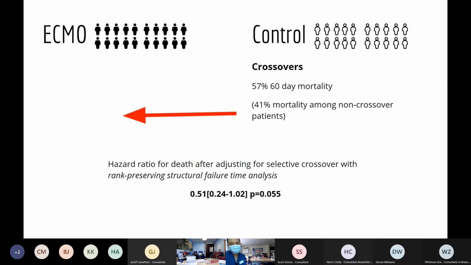Therefore, it didn't take into account crossovers, but they tried to take into account crossover, in terms of how it disadvantages the data in the ECMO group, by applying something called a rank-preserving structural failure time analysis. And they said that the adjusted hazard ratio is 0.51, but again, the p-value was 0.055, which is non-statistically significant, depending how you view p-values.